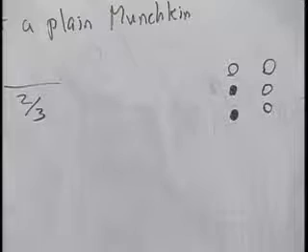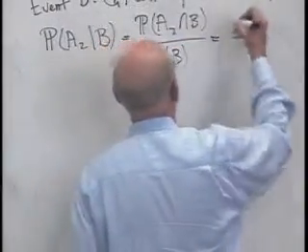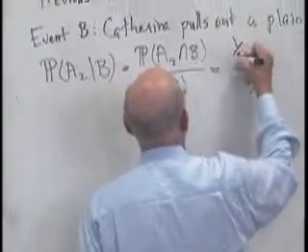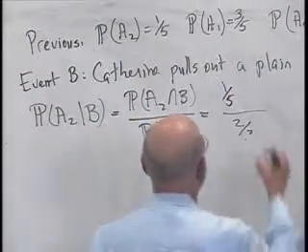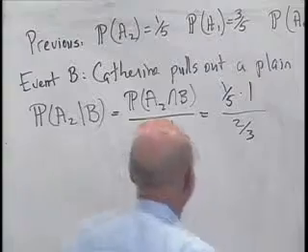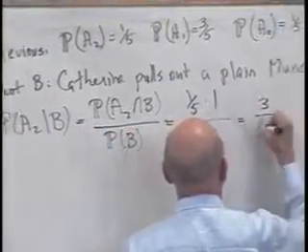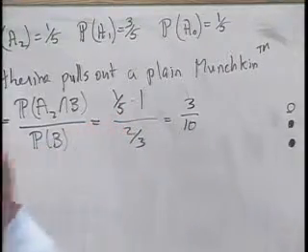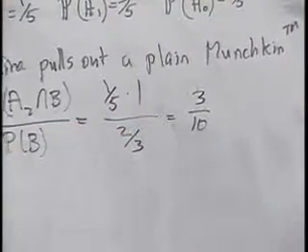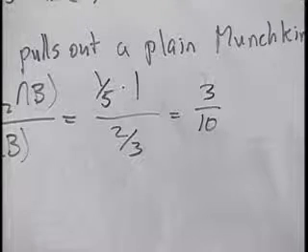What's the conditional probability in this case that Catherine will pull out a plain munchkin? 1, because she's got nothing but plain munchkins in her bag. So in this case, we've got 1/5, which we calculated last time, times 1, and this works out to 3/10. Now, when I get started down this road, I say, that sounds right to me, but I want to be sure. I'm going to work out all 3 conditional probabilities and make sure they add to 1.